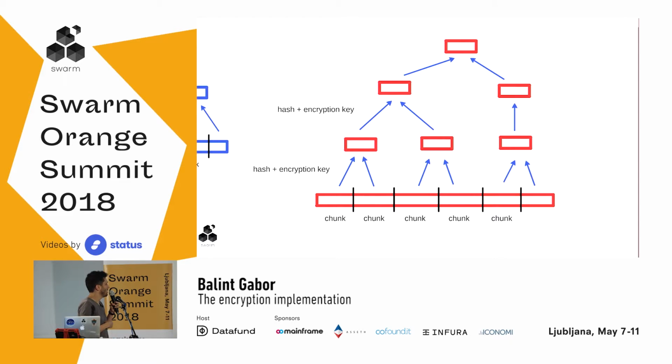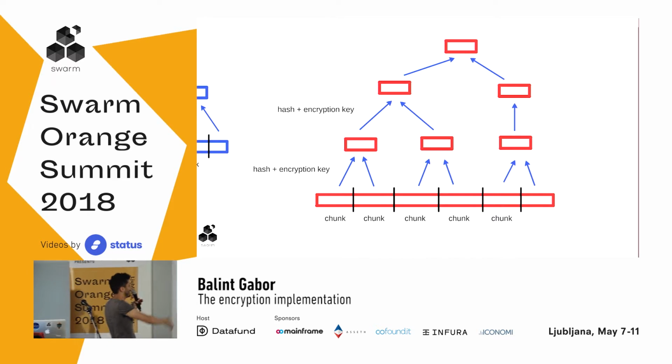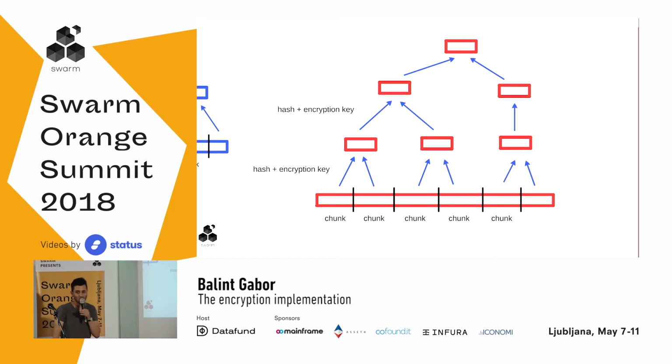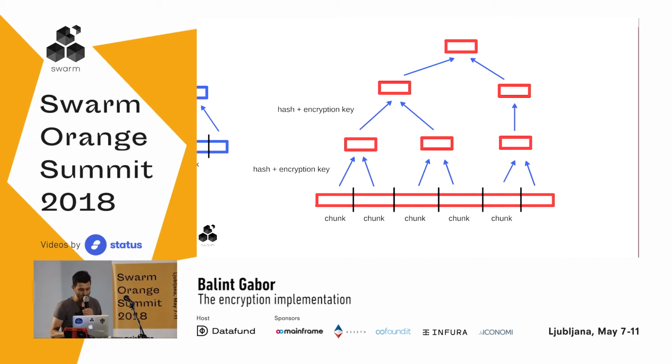So from this, it's clear that the branching ratio of this tree is different in the encrypted case because the references are longer and the intermediate chunks are still just 4K. So they can contain only half as many references. That's why the depth of this tree is bigger for this example.